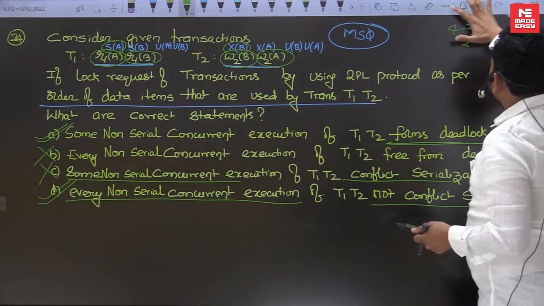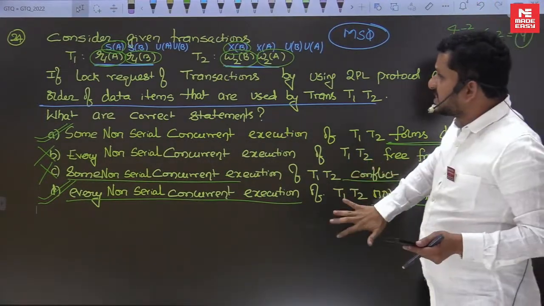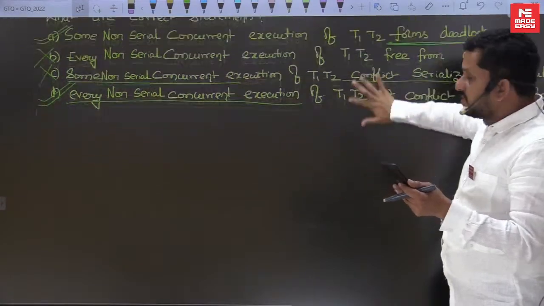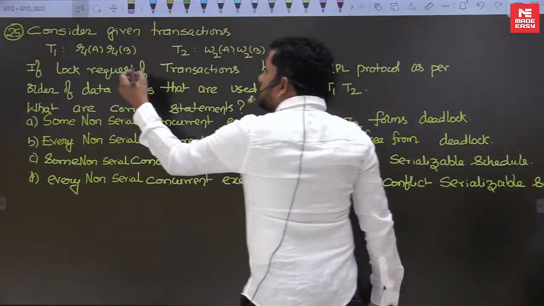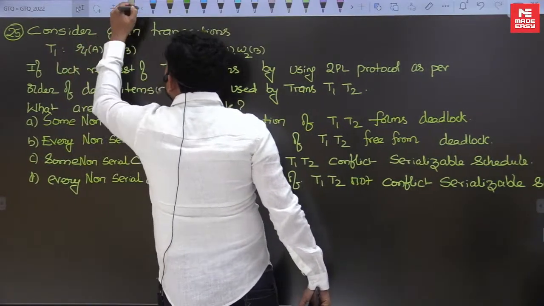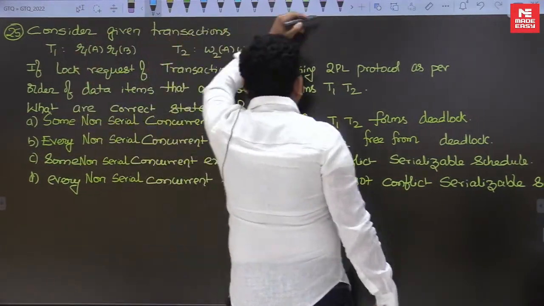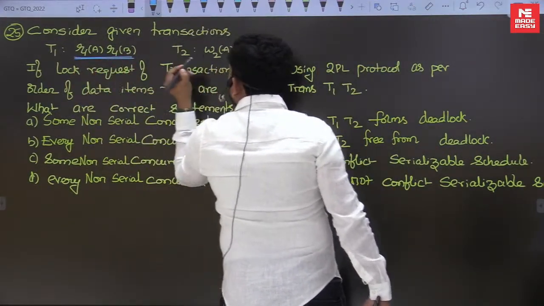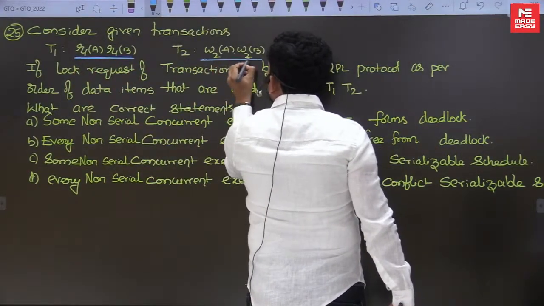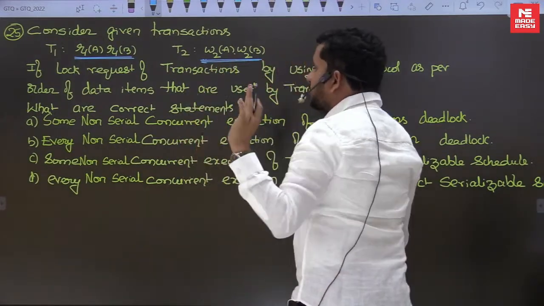Okay, just a little extension to the previous question, and then we'll close the session. In case T1 needs read of A and then read of B, and transaction T2 needs write of A and then write of B, with the same options.